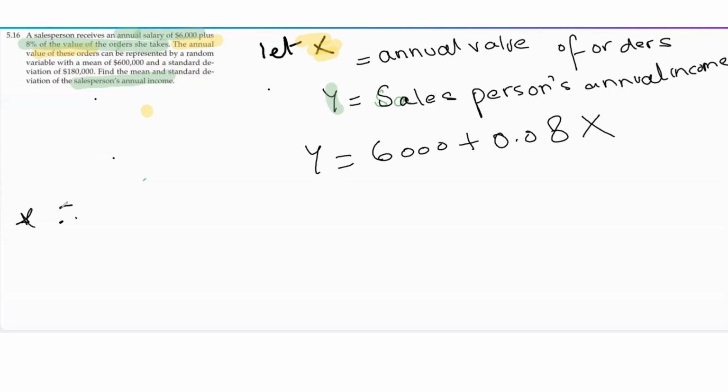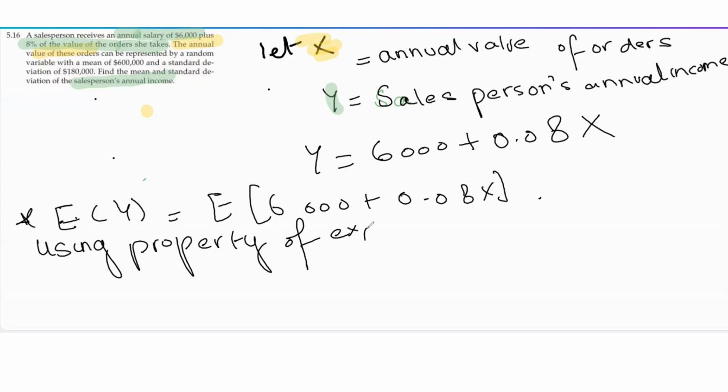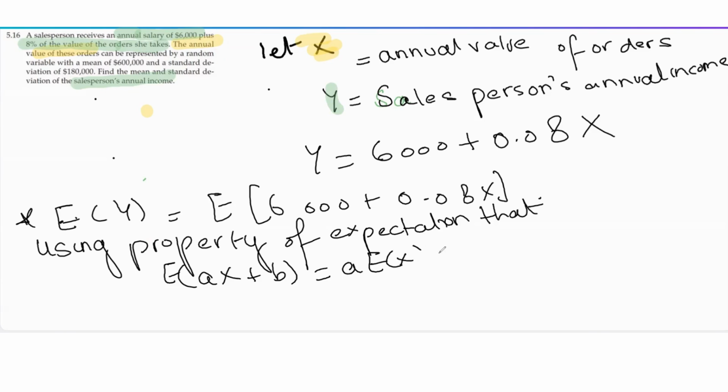Now let's find the expected value of Y. The expected value of Y is the expected value of 6,000 plus 0.08X. Now we're going to use a property of expectation: the expected value of aX plus b is equal to a times the expected value of X plus b.